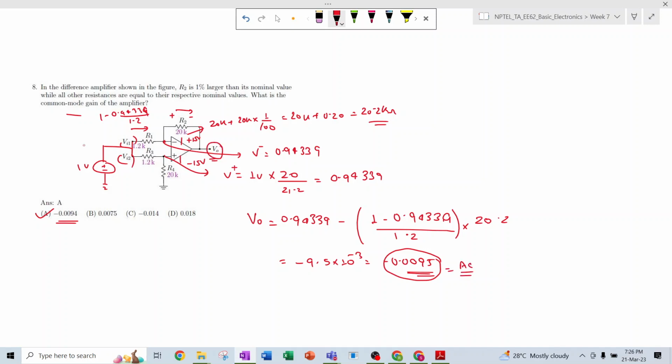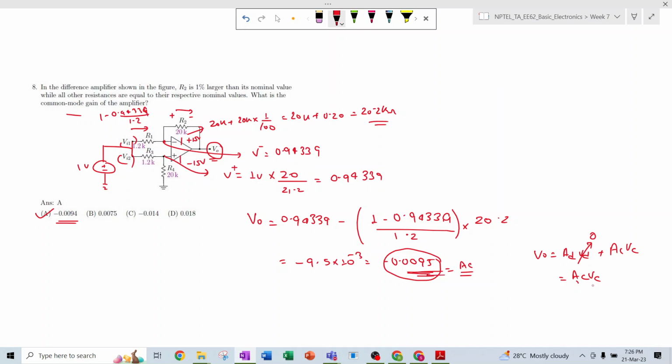So what is the input signal? This Vo is nothing but AdVd, as I have already discussed, plus AcVc. Here we are not applying any voltage, so Vd is 0, which means it is equal to AcVc. So this Ac value is nothing but this value.